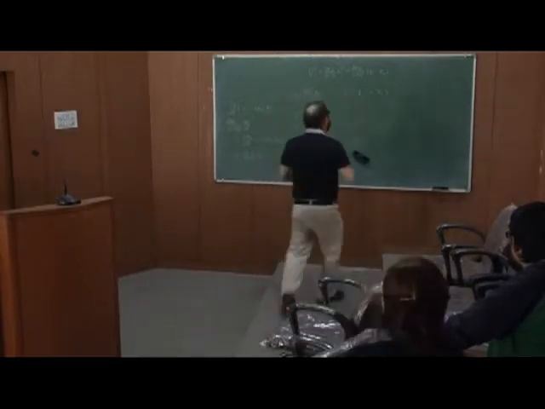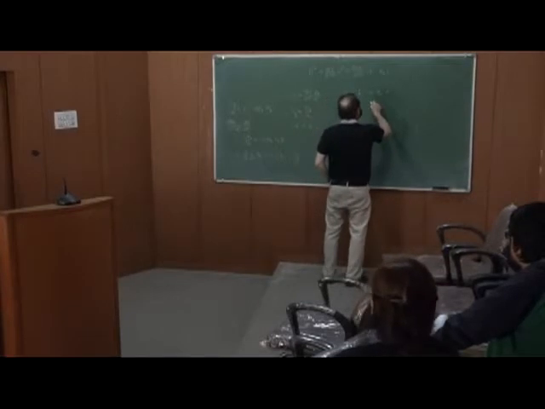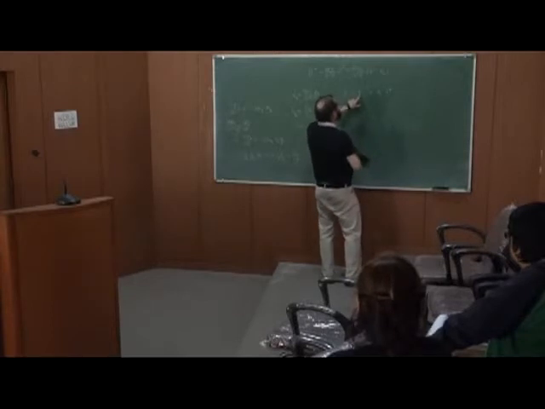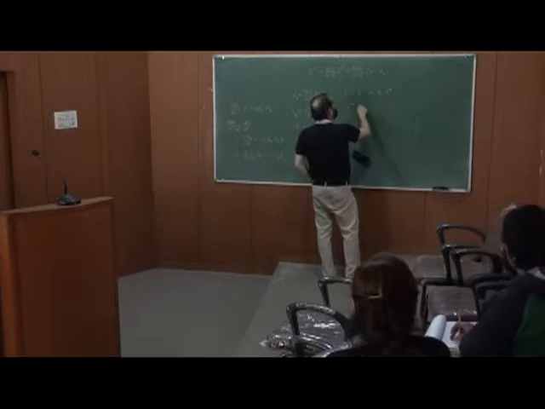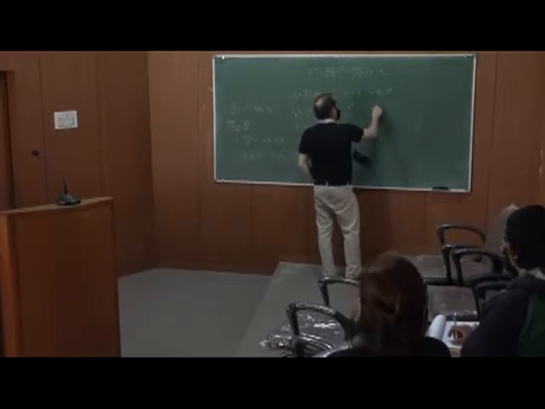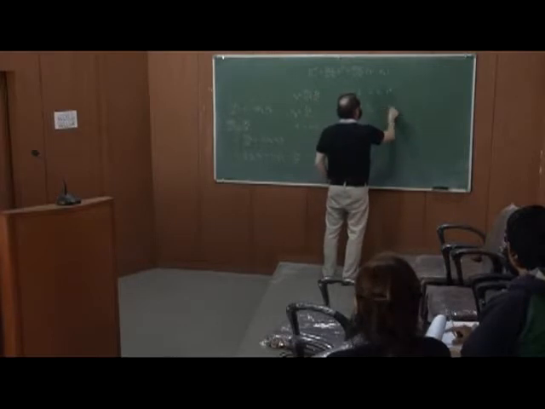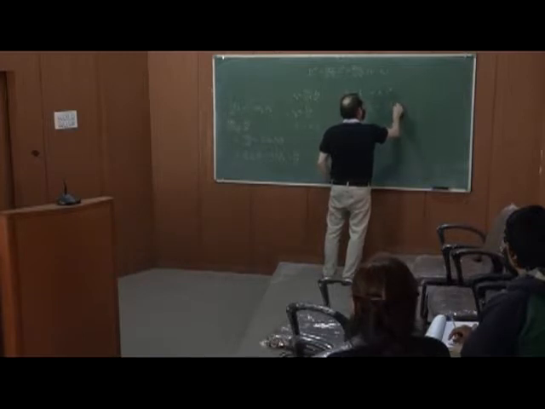We can compute this. Let's call t the time that satisfies this. So t asterisk will be 1 over h0, and this is 1 over 70 kilometers per second per megaparsec.